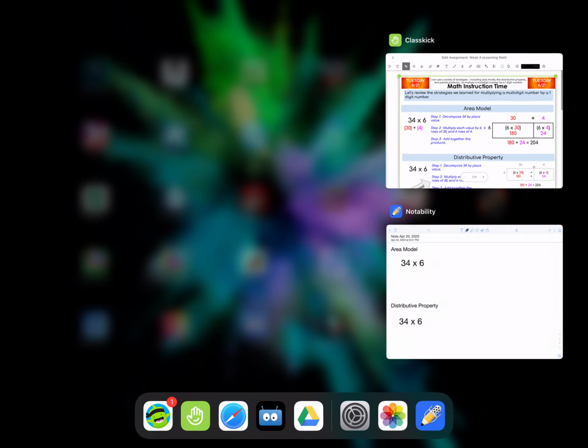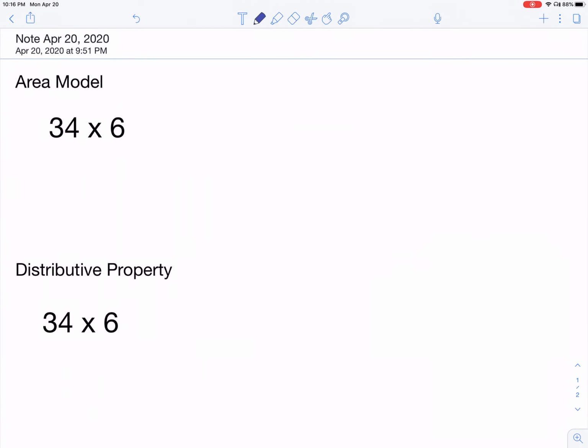Okay, so let's start with area model. Area model, first you make your box. How big and what size do you make your box? You look at how many numbers you have. We have 34, and that's a 2-digit times 6, that's a 1-digit.